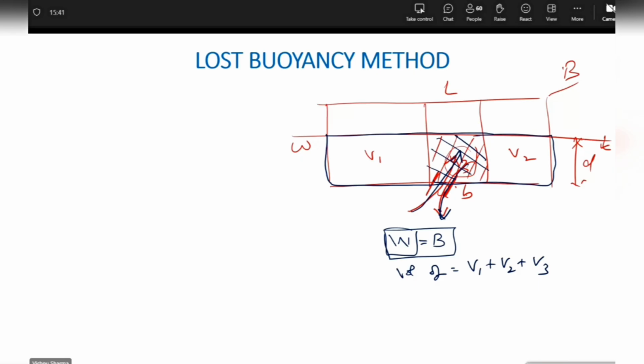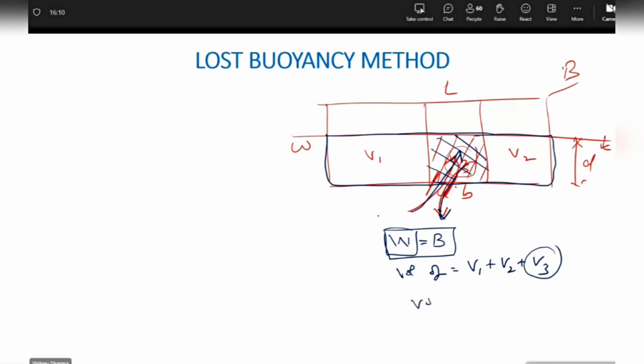And if this volume does not belong to me and is already part of the sea, then it is not displacing seawater. And if it is not displacing seawater, that means V3 is not now contributing to buoyancy. If V3 does not contribute to buoyancy and the vessel continues to float at draft D, then what happens?